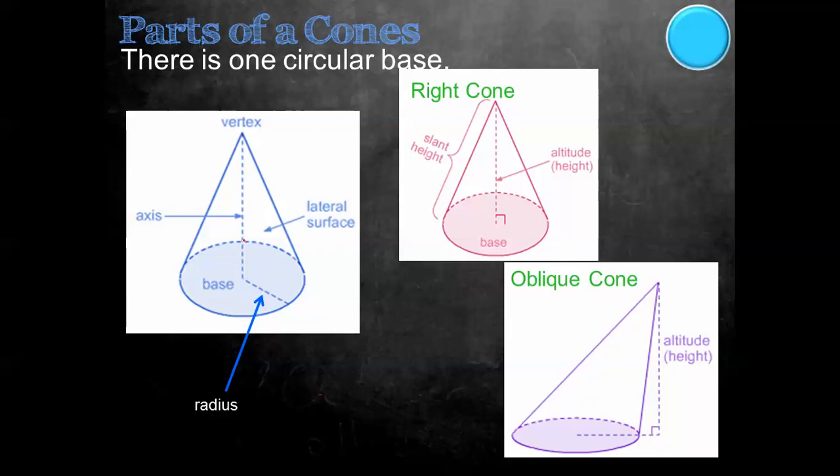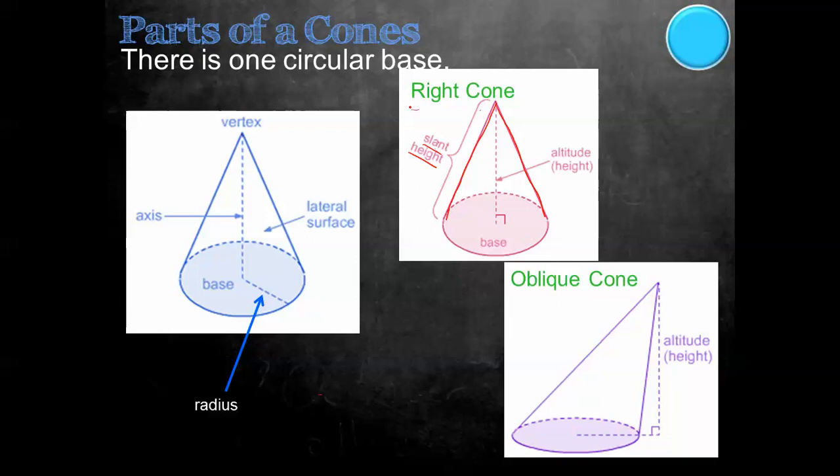It is also similar to a pyramid in that it has two different heights. It has the slant height and then it has the altitude. The slant height is the height from the vertex to the edge of the base, so that would be this line right here, or this line right here. The altitude is the line that goes from the vertex and is perpendicular to the base.